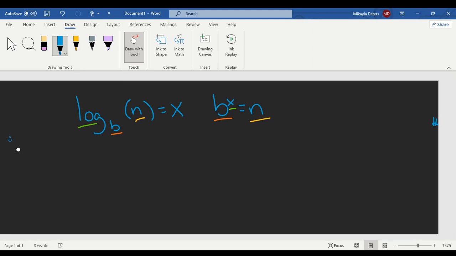All right. So when we're looking at these, we can try to see how we're going to convert them back and forth to understand the relationship between them. For example, we can take log base 3 of 5 equals x.